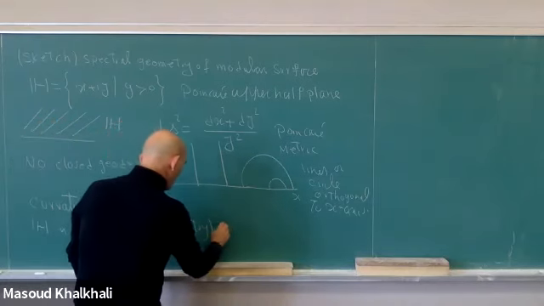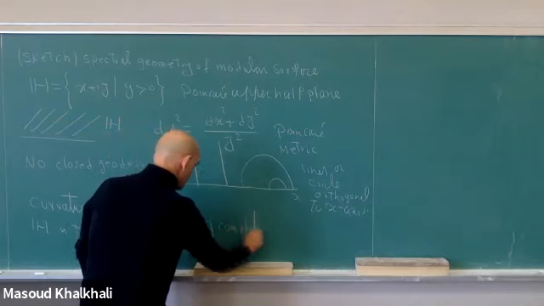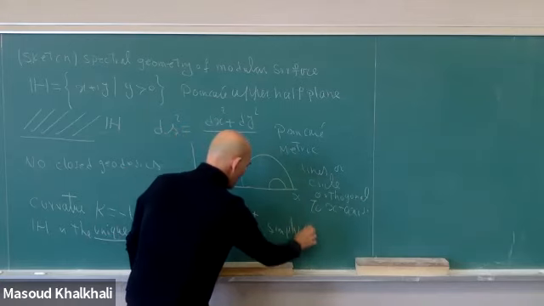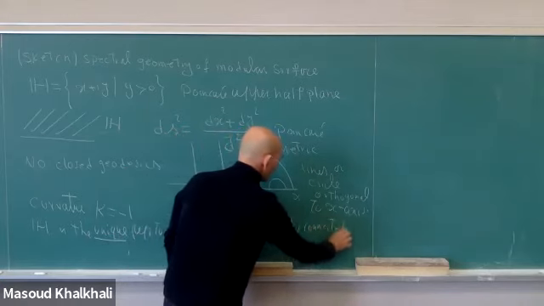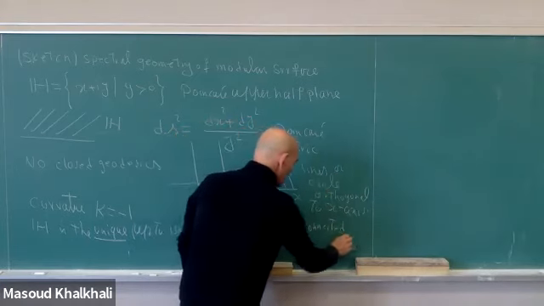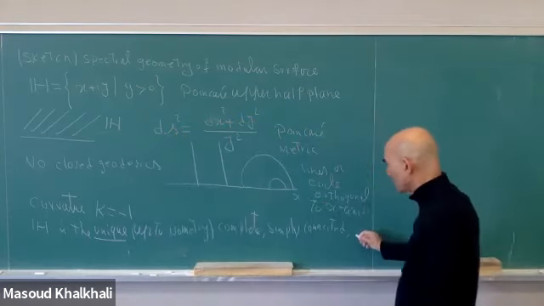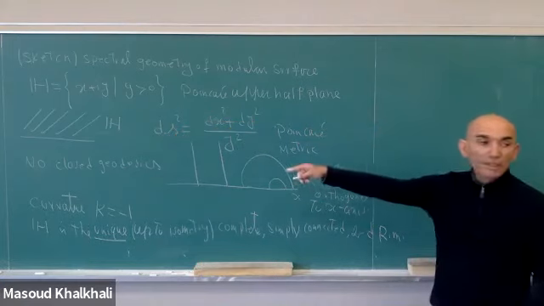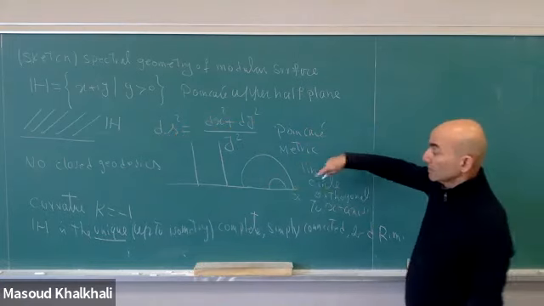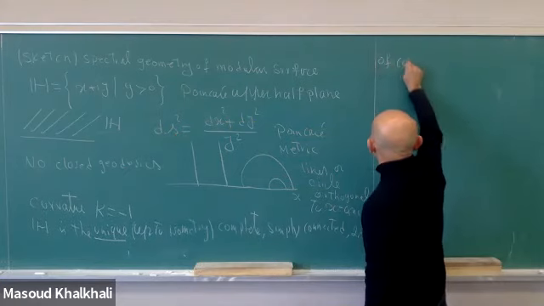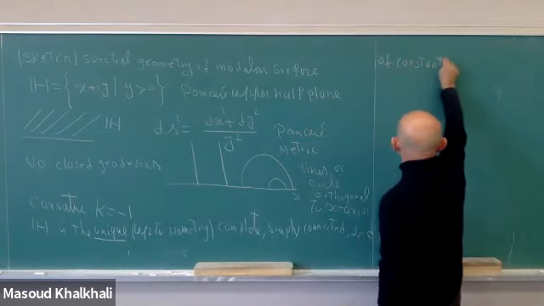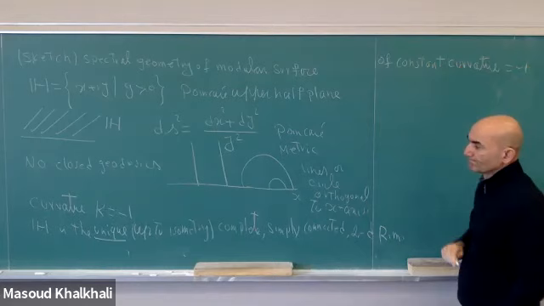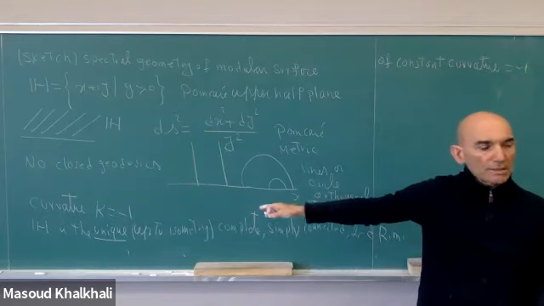So unique, complete, that's a condition, simply connected, and of course also connected, but I don't write it, Riemannian manifold, I mean two-dimensional Riemannian manifold, of constant curvature equal to -1. So this is a big theorem, right?